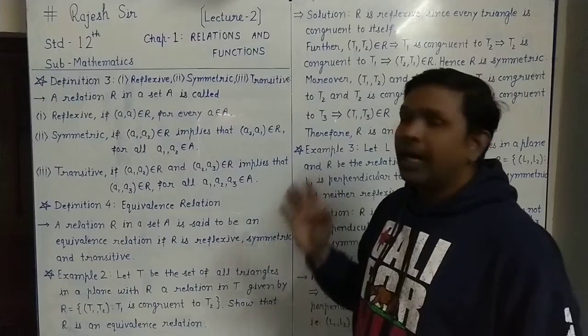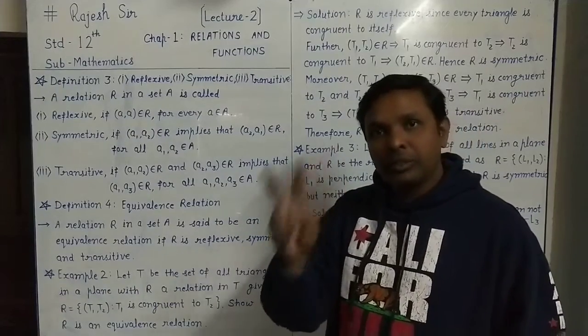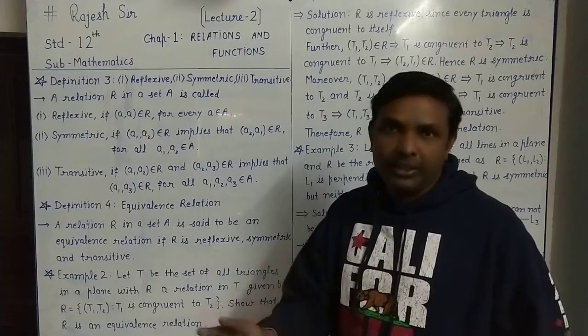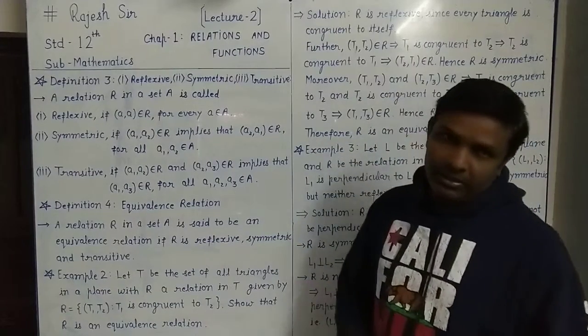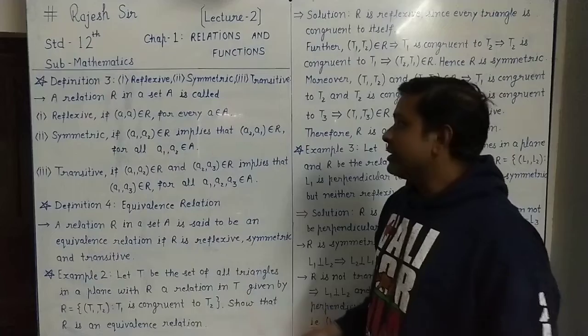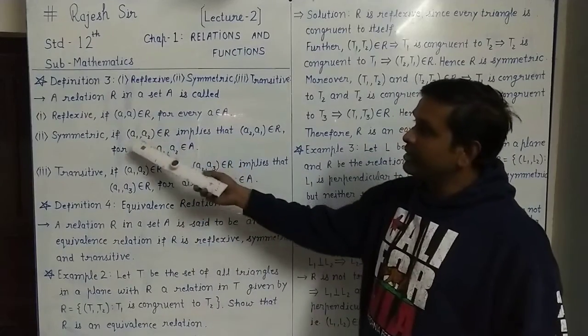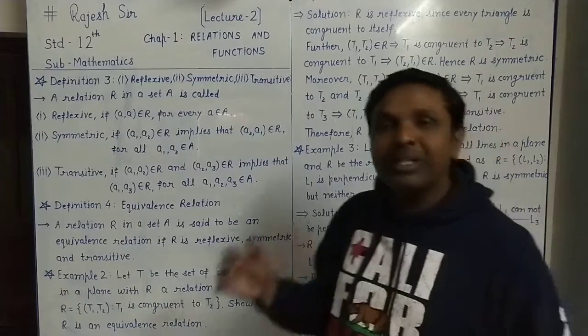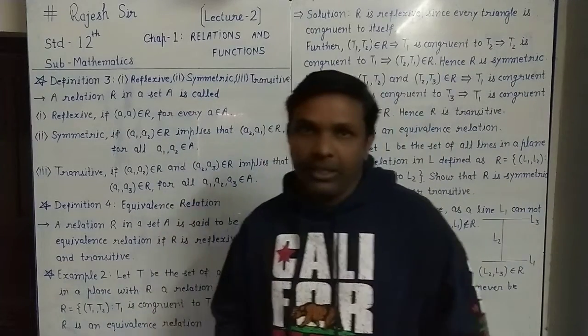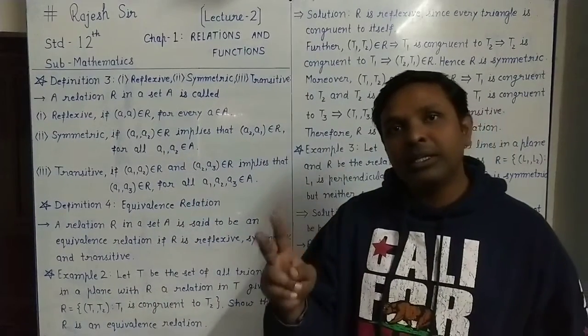I think now you understand why we first defined reflexive, symmetric and transitive before defining the equivalence relation, because in an equivalence relation all the three must be there.